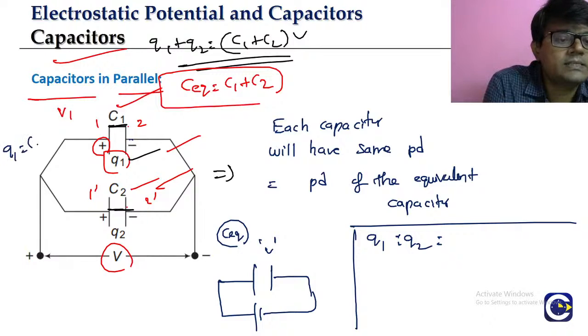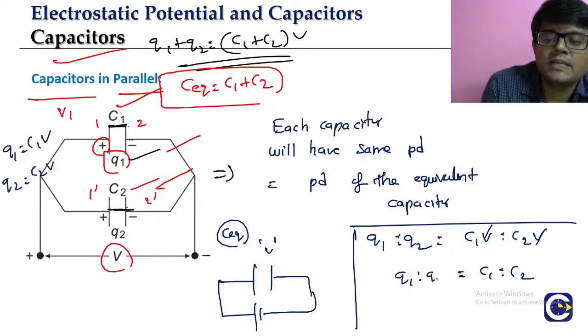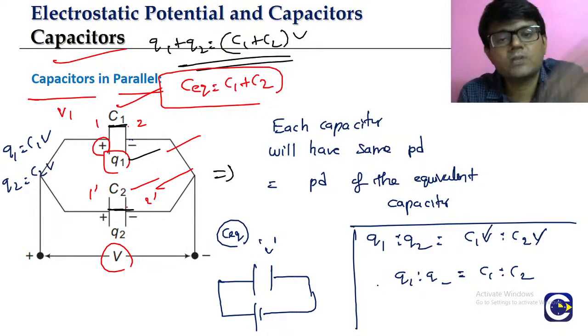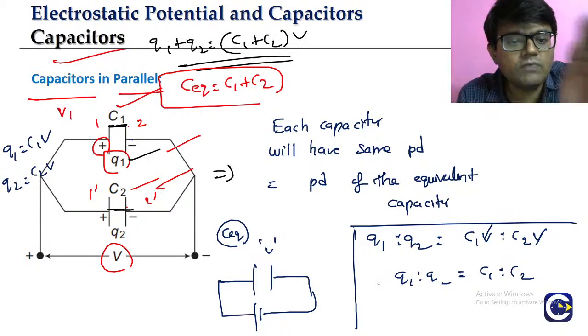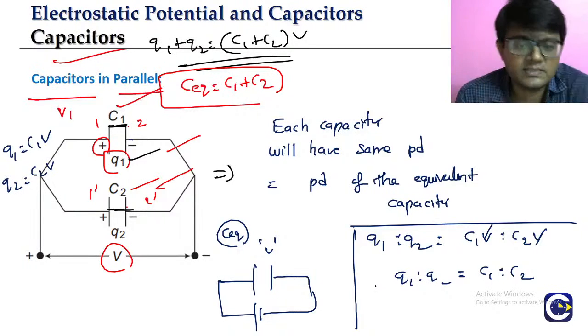Q1 is C1 into V, Q2 is equal to C2 into V. So C1 into V is to C2 into V. V cancels. What is it? C1 is to C2. So in parallel combination of capacitors, the ratio of the charges on them will be equal to the ratio of the capacitors.